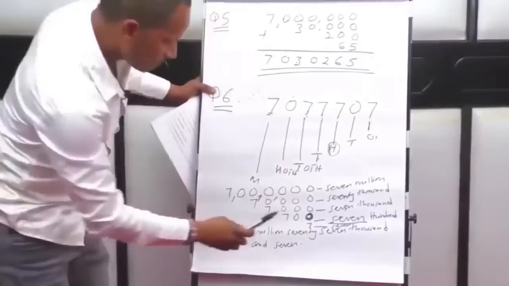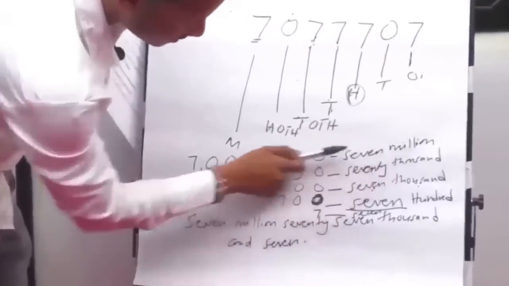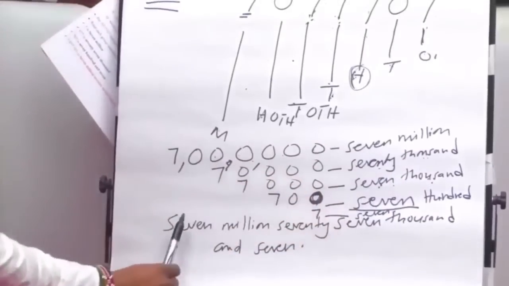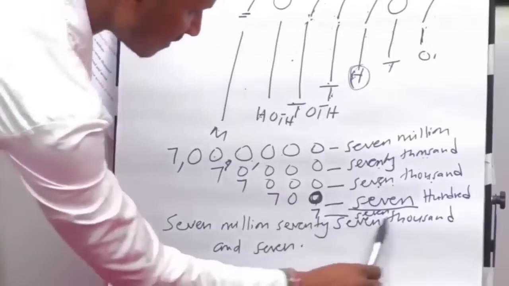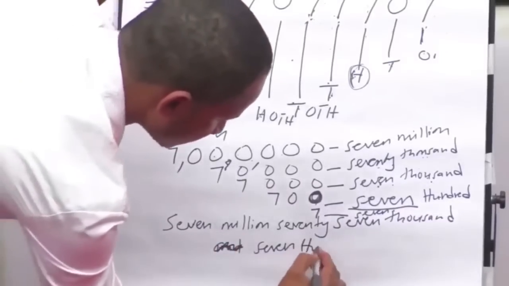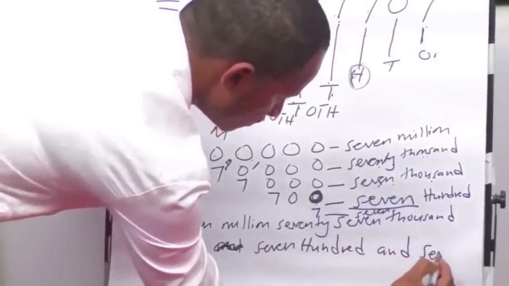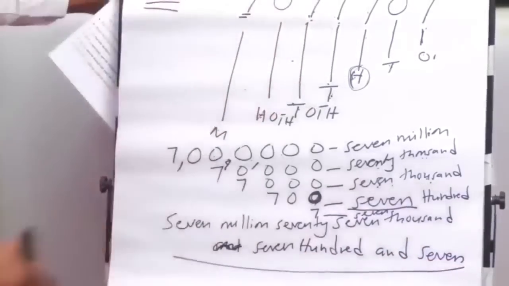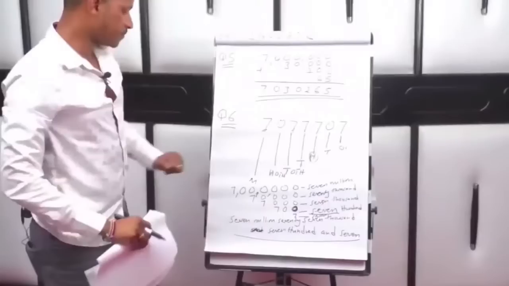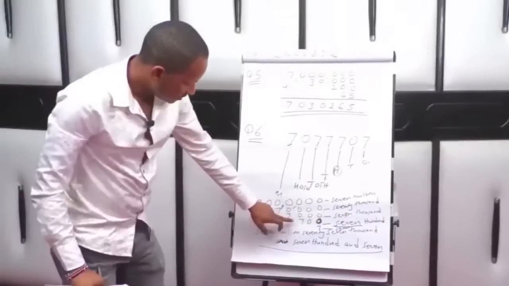So the answer is 7,077,707. I think this is proper. 7,077,707.